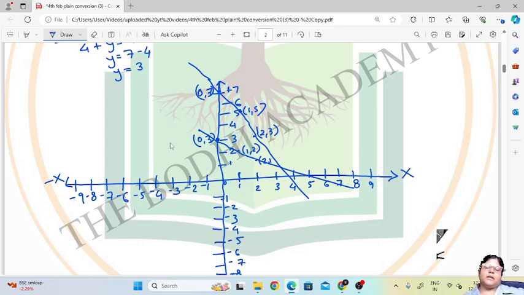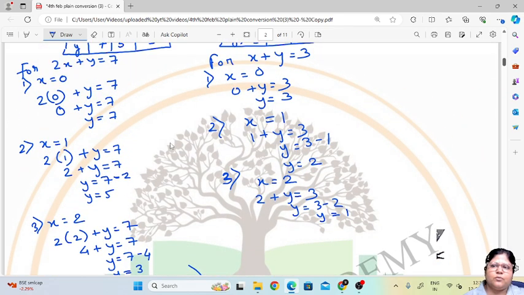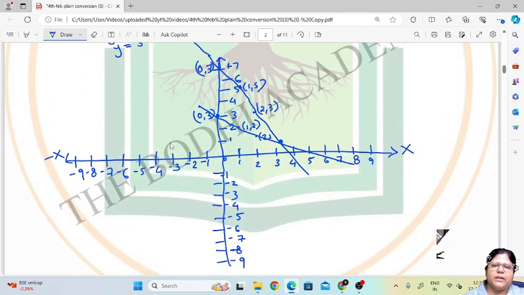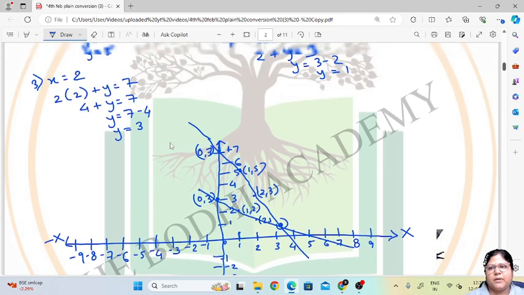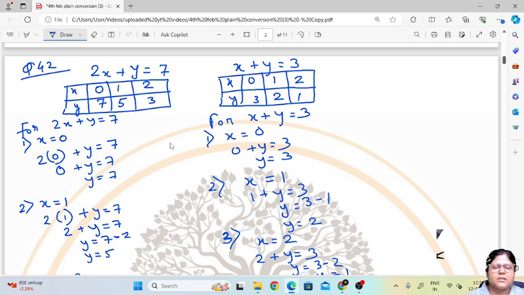Also there is a method. Sometimes in the question they ask at what point the two graphs are meeting each other. So here you can see, if you do it properly in your graph, you will see that these graphs are meeting somewhere. It is not proper here, but I can tell you roughly where it will meet.